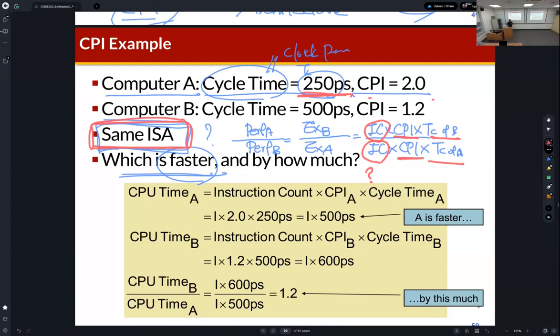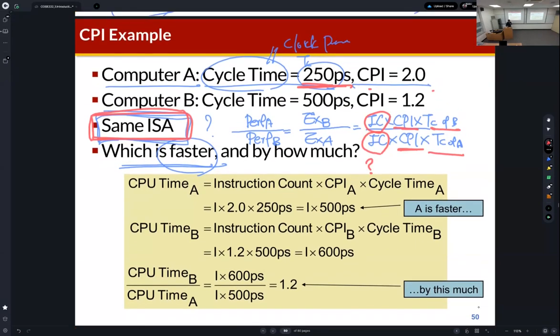So actually, in this slide, we need to give other information such as the same program, the same application, the same high-level code, and this code is compiled by the same compiler with the same compilation options. Which means also the same ISA, the instruction set architecture. So which means IC is the same.